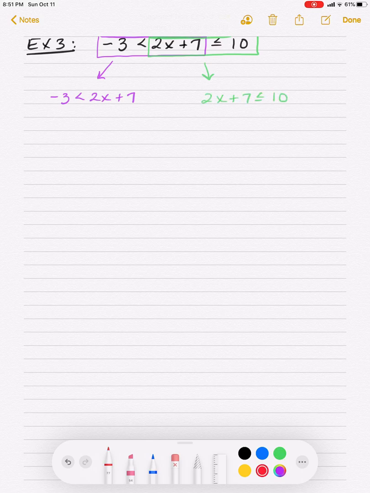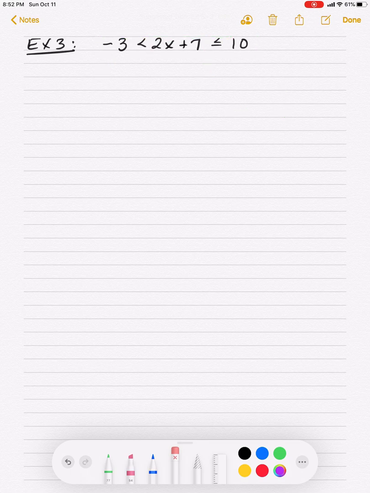And these types of inequalities are always assumed to be and, which means we're going to shade the overlap. And so what I would do if I was solving this one is I would -7 from both sides. But also, if I was solving the one in green, I would also -7, okay? So that's just kind of what it looks like and what we're doing. I just want you to see before I solve this and I show you the shortcut, I want you to understand that we're really solving two different inequalities.